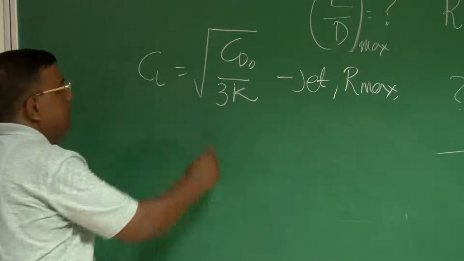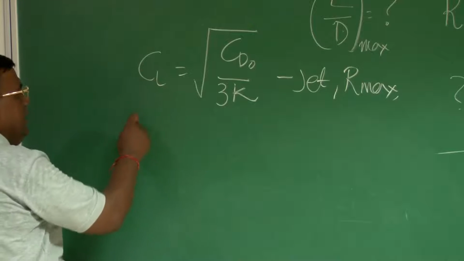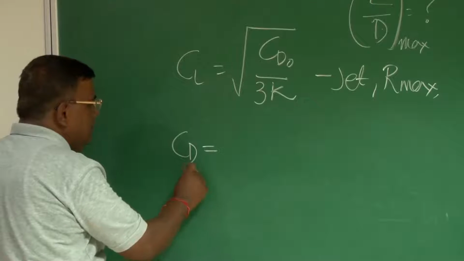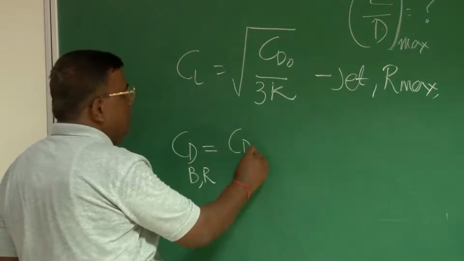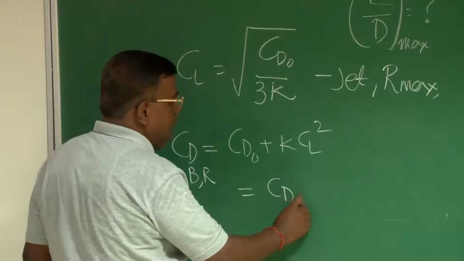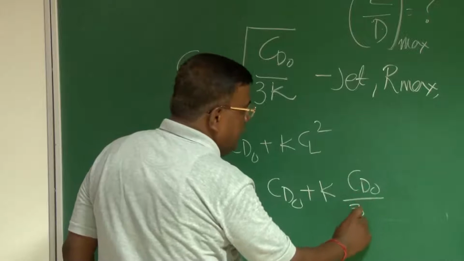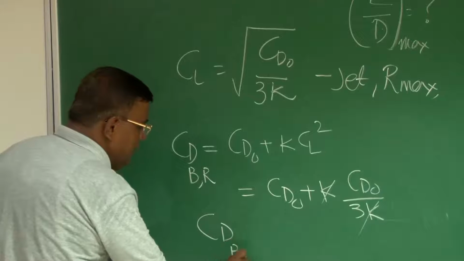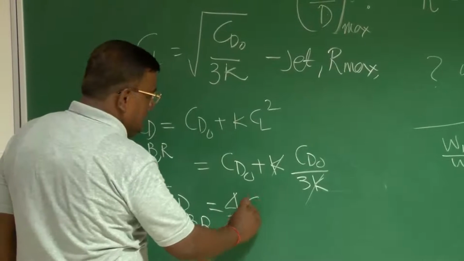The message is, the moment I write CL is like this, then CD for best range, so I write BR for best range, will be CD naught plus K CL square, which will be CD naught plus K into CL square meaning CD naught by 3K, and K goes, so this CD for best range will be equal to 4 by 3 CD naught.